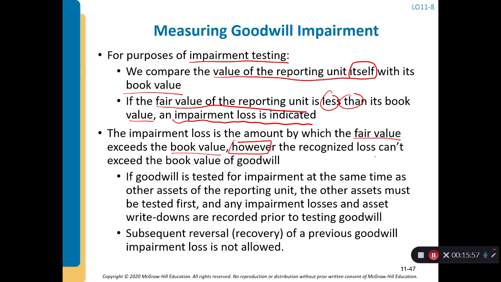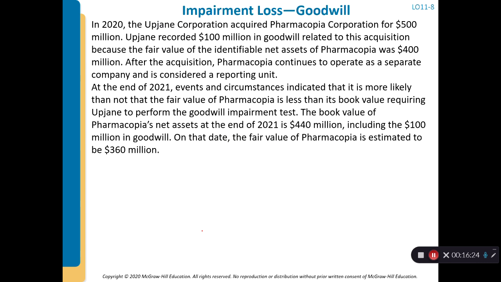However, the recognized loss cannot exceed the book value of the goodwill. The goodwill is tested for impairment at the same time as other assets of the reporting unit, but the other assets must be tested first, and any impairment loss and asset write-down should be recorded before you consider the goodwill test. And subsequent reversal and recovery of goodwill is not allowed.